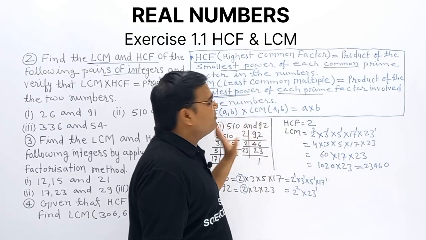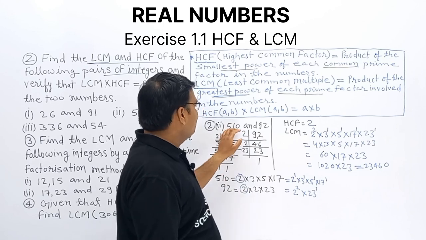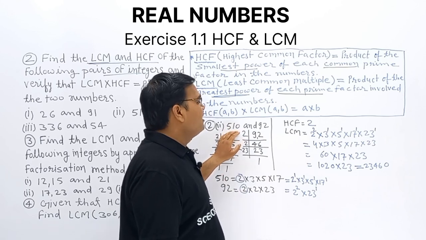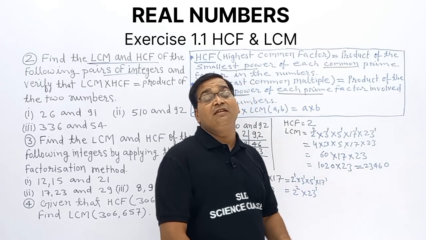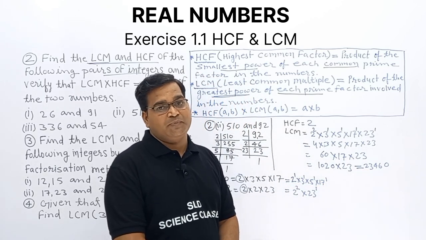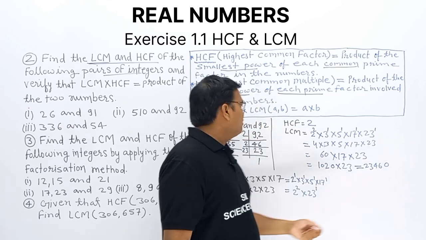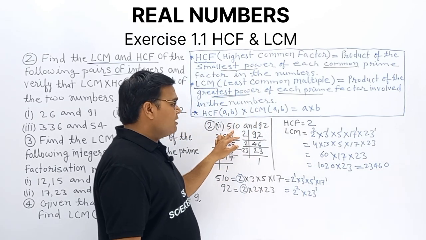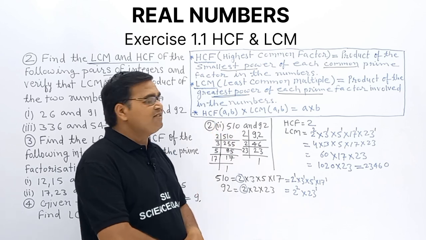Both numbers 510 and 92, if we divide by this one, we get remainder equal to 0. So it is a common number, and we call it the least common multiple, LCM.